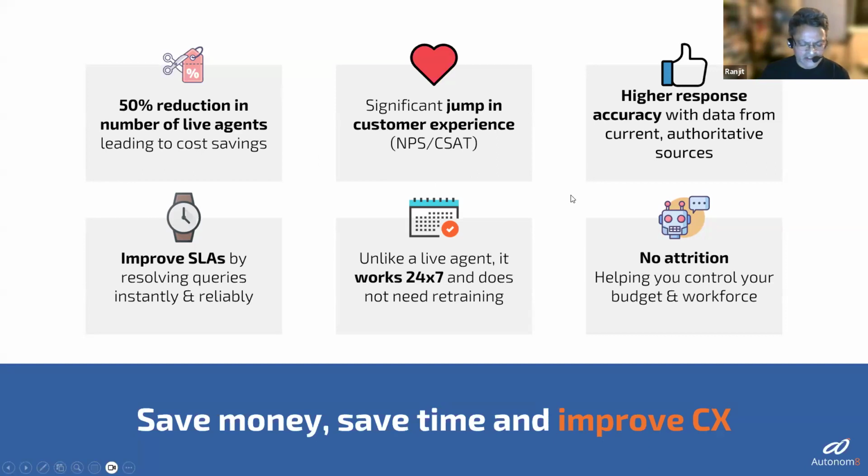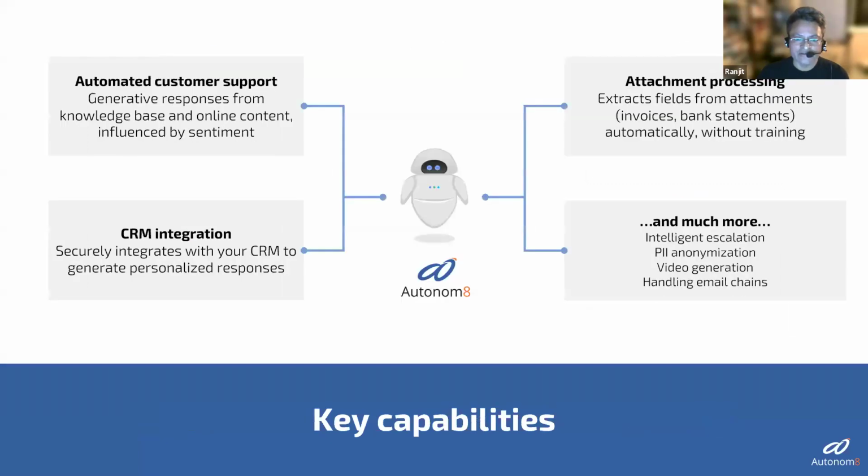By leveraging automation to make sure that you have access to the data that's most current and authoritative, you can ensure that the information you provide by automation is accurate, and so on. So these are some of the really key capabilities that email automation enables. So the bottom line is you can save money, you can save time, and you can improve your customer experience.